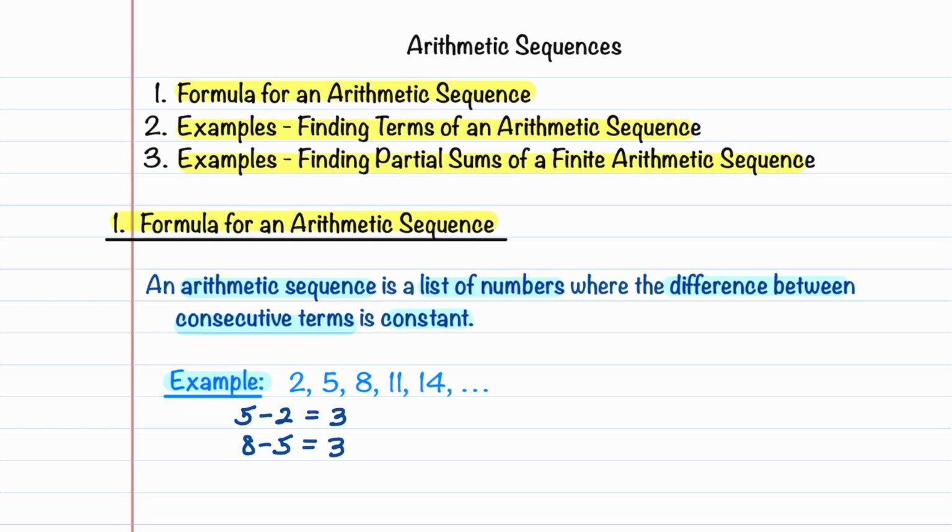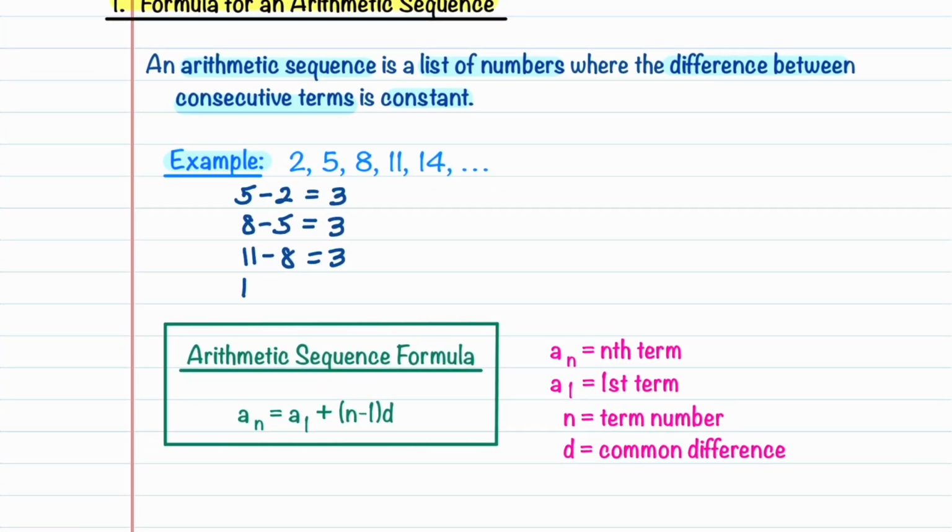And then if we continue that pattern, we have 11 minus 8 is 3, and then 14 minus 11 is 3. So this is an example of an arithmetic sequence because the difference between the consecutive terms is a constant and it's equal to 3. We can say that 3 is what we call our common difference.